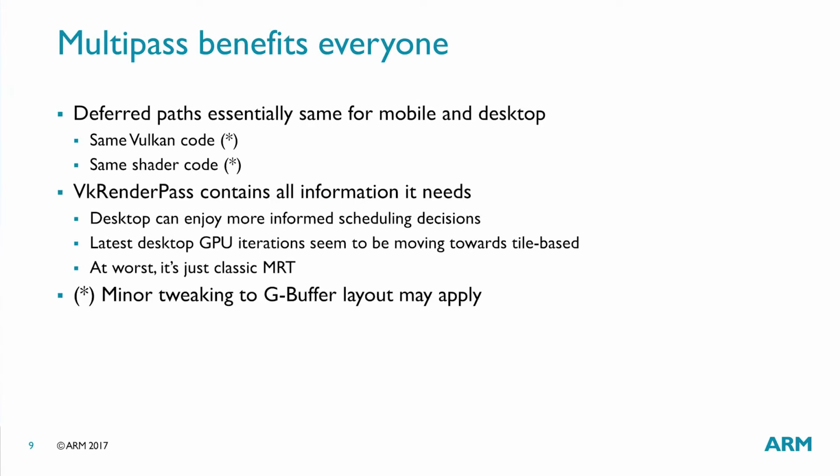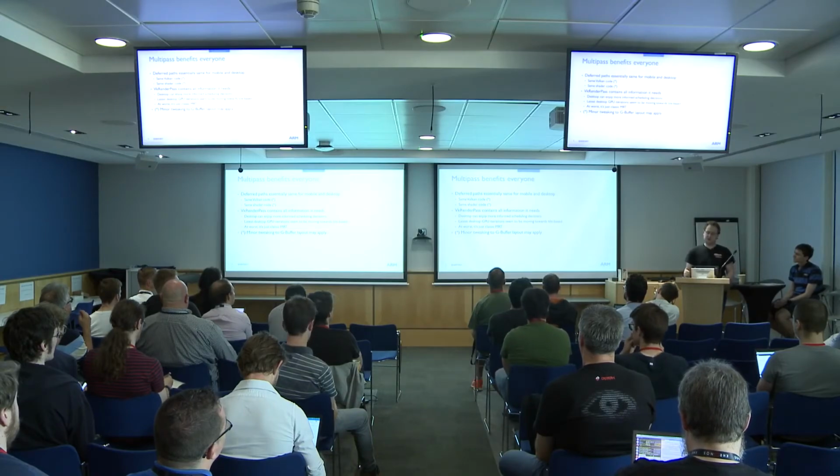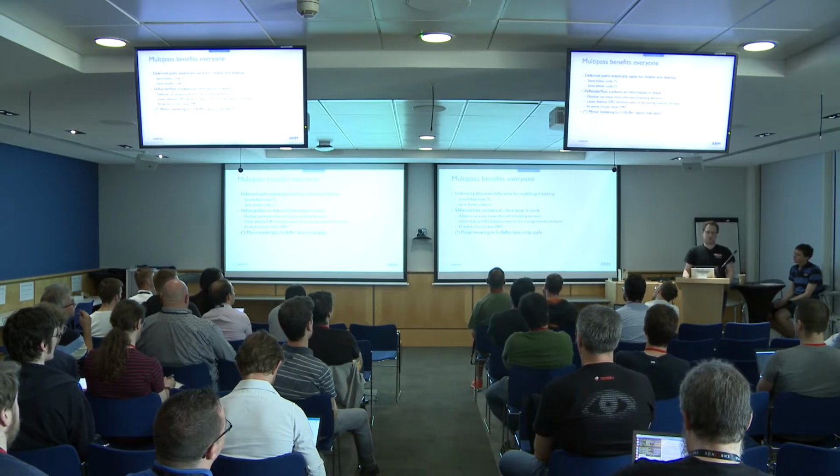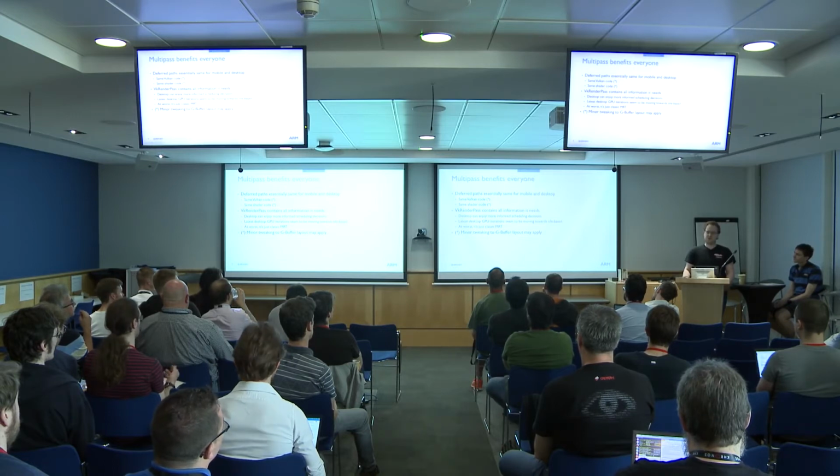So the summary for multipass is that it benefits everyone now, because unlike before, we did have these weird magical extensions on GLES, for example. You could access these kinds of things, but you would need very specific, special rendering paths to be able to take advantage of this. But now everything is under the same API.